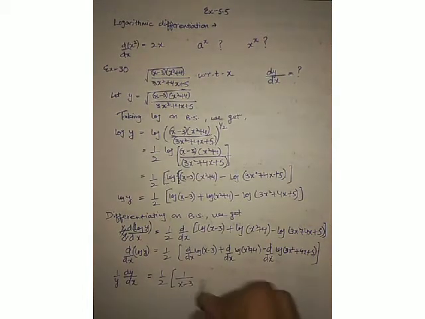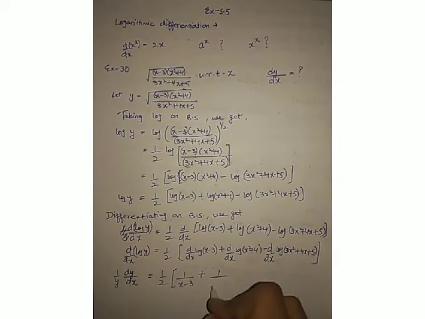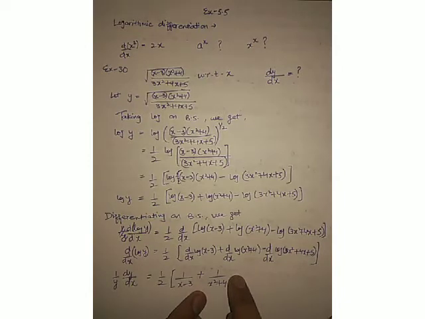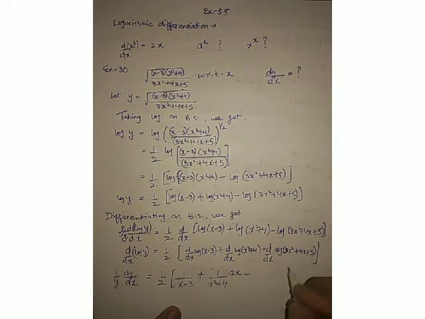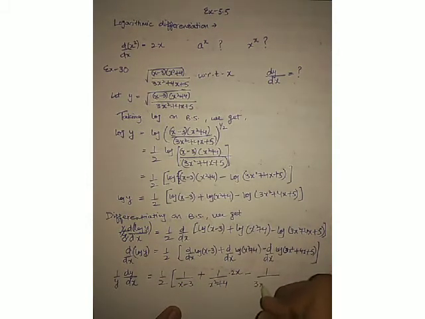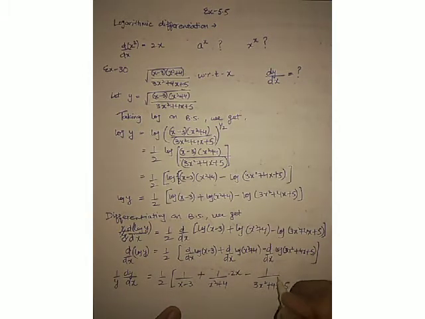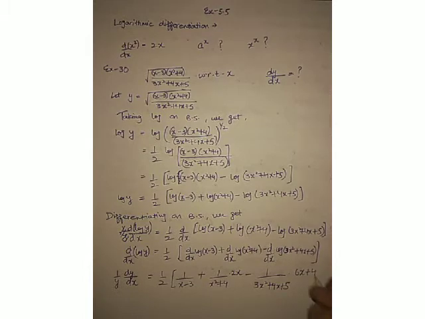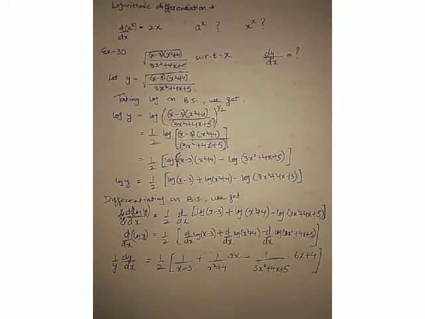So we will get this only, plus 1 upon x square plus 4, and x square plus 4 will again be differentiated with respect to x. The differentiation of x square will be 2x and that of 4 will be 0 only. So you will get this, minus 1 upon 3x square plus 4x plus 5, and when this is again differentiated you will get 2 threes are 6x plus 4. Clear? So far we have got this equation.